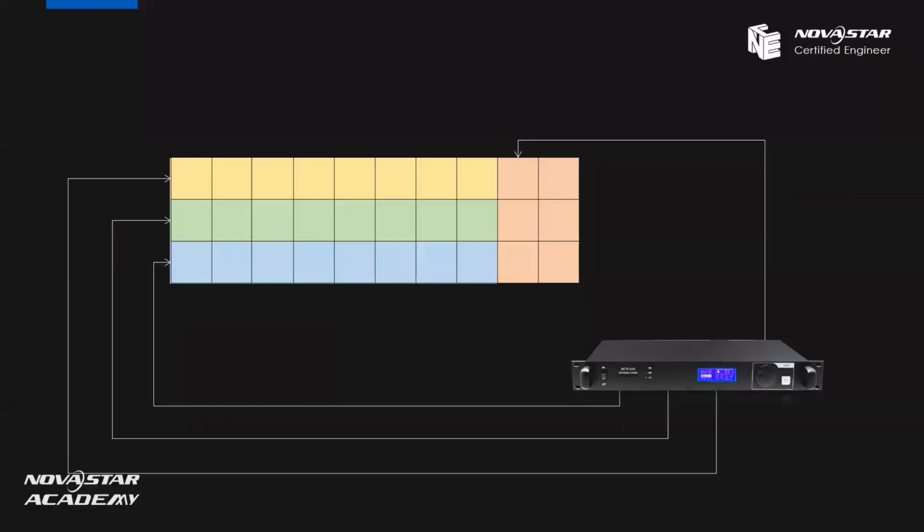So from this case, when we are designing a solution, we should not only consider how many cabinets each output port can load, but also pay attention to the screen connection logic. It should be a complete rectangle.